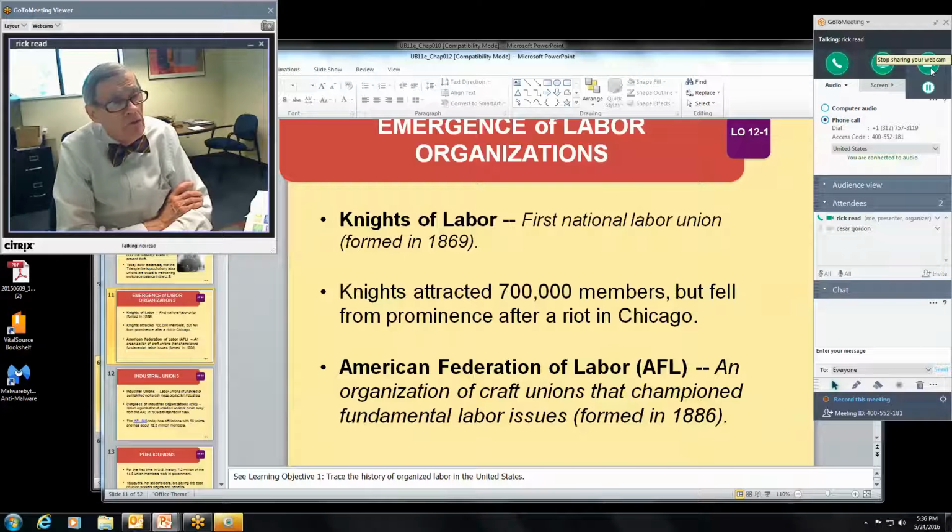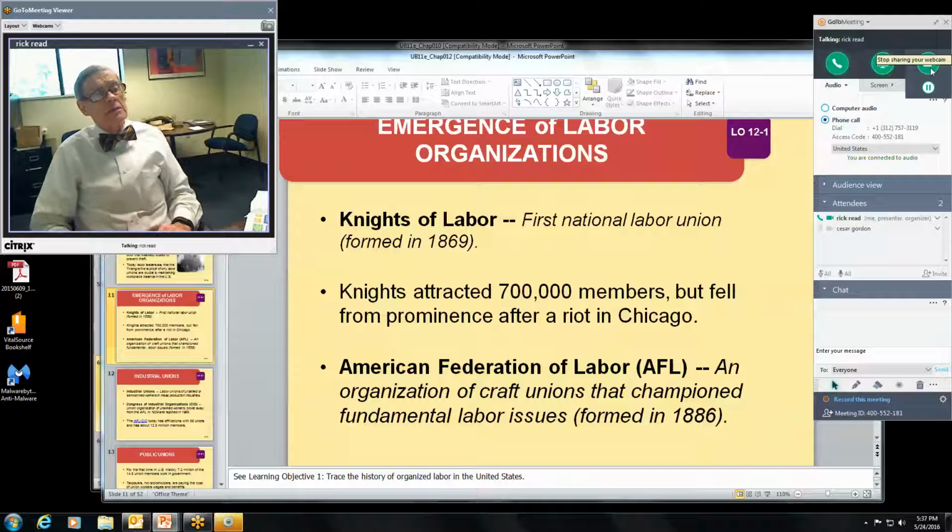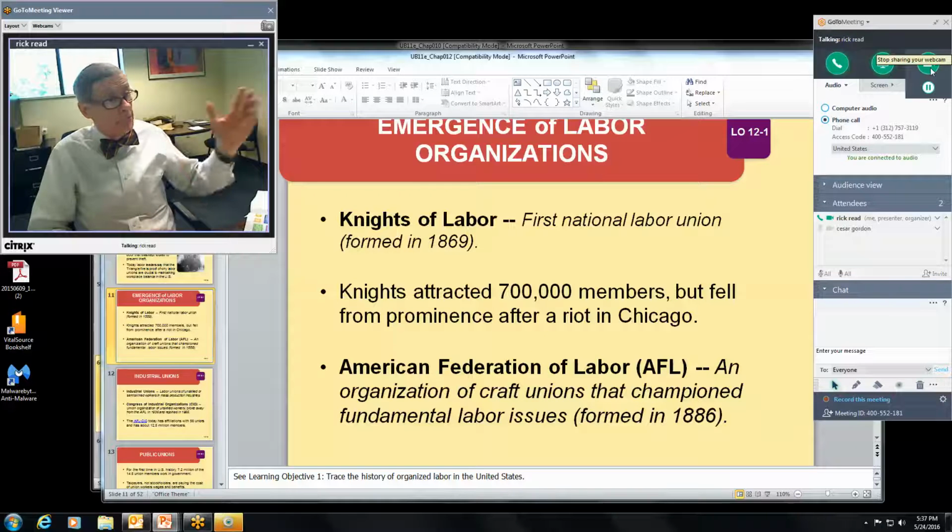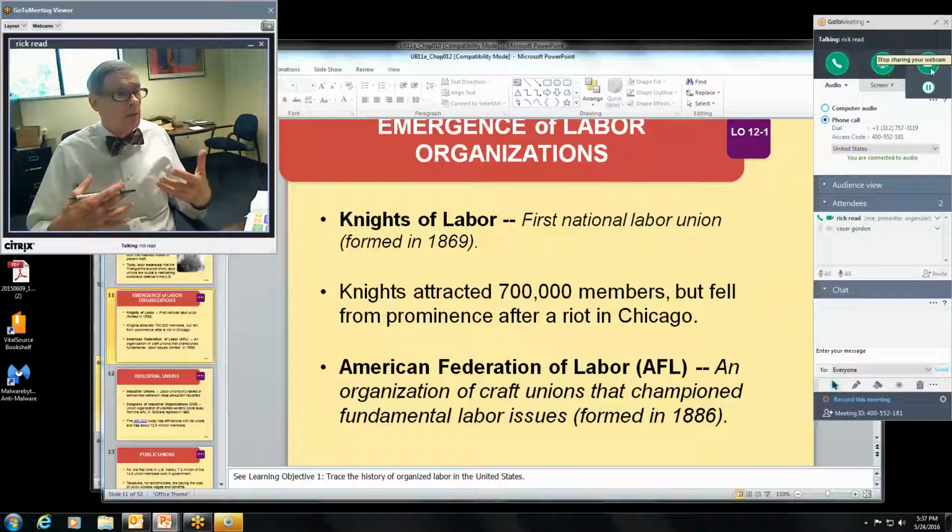Then we went from them to the AFL, American Federation of Labor, started by Samuel Gompers in 1886. And these were craft union people, going back to people like the cordwainers. And so we think of craft people as being skilled workers. Mostly they work with their hands, yes, but they're skilled workers.